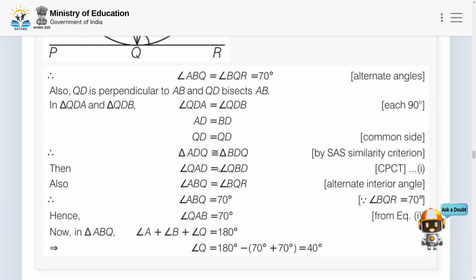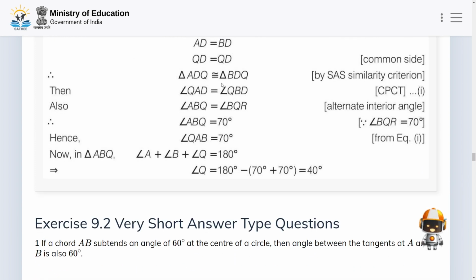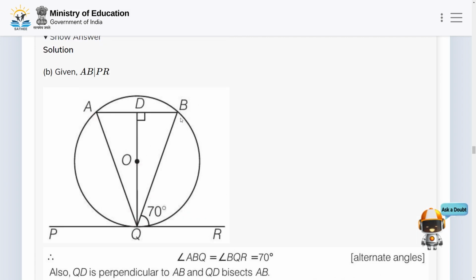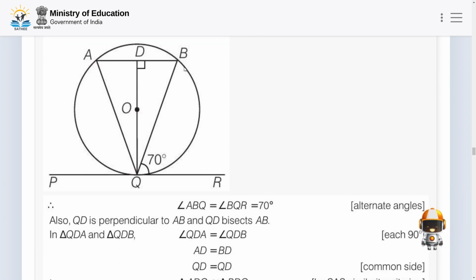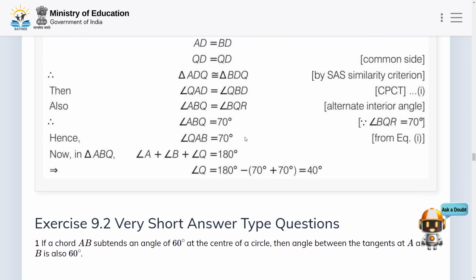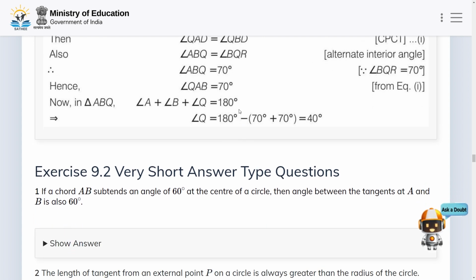Therefore triangle ADQ is congruent to triangle BDQ by the side angle side criteria. Then angle QAD is equal to angle QBD. Also angle ABQ is equal to angle BQR, and therefore angle ABQ is equal to 70 degrees, and angle QAB is equal to 70 degrees.